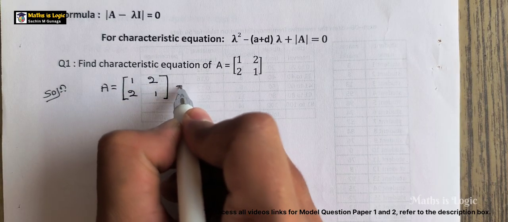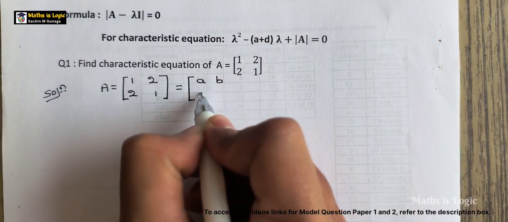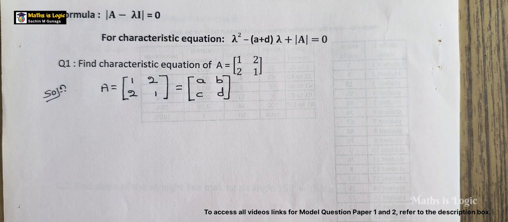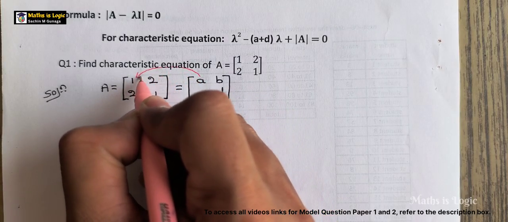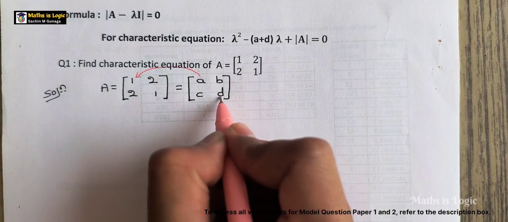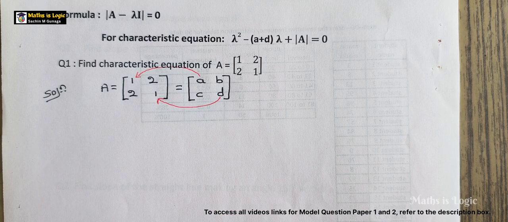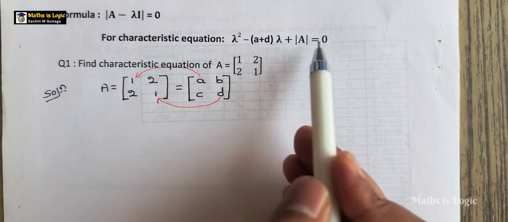Compare this given matrix with A, B, C, D. So in place of A, what is the number here? 1. Next, in place of D, what is the number? 1.